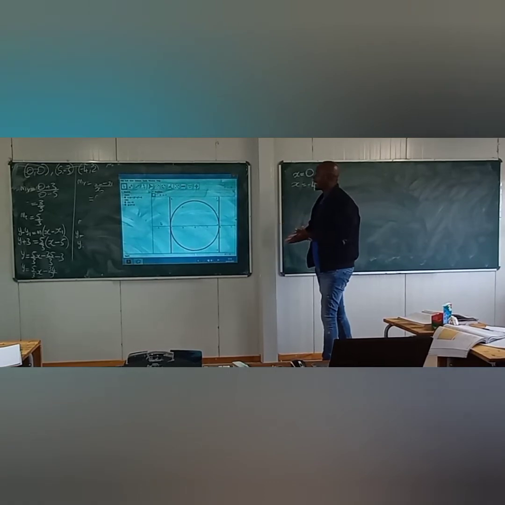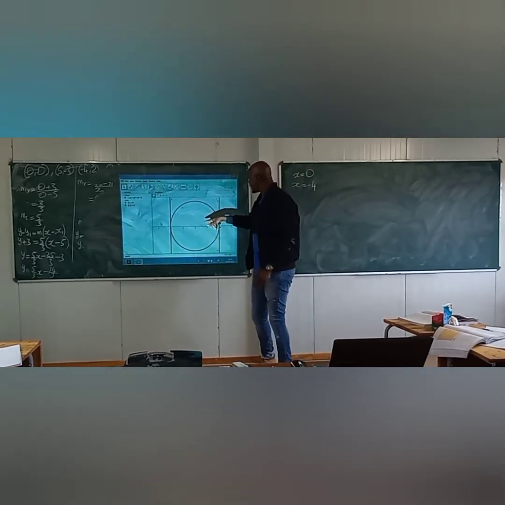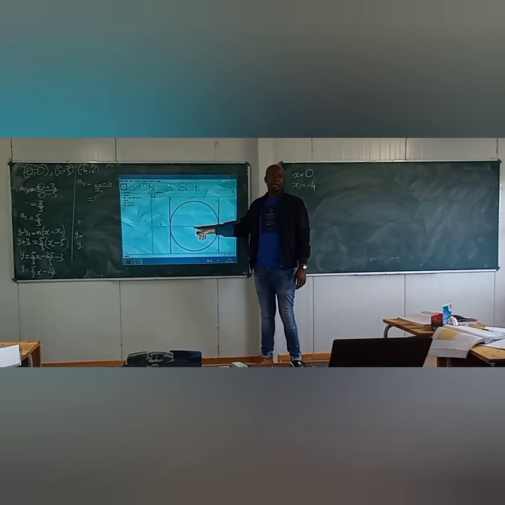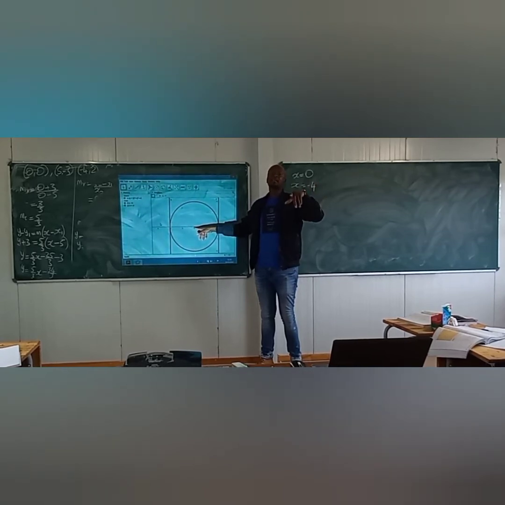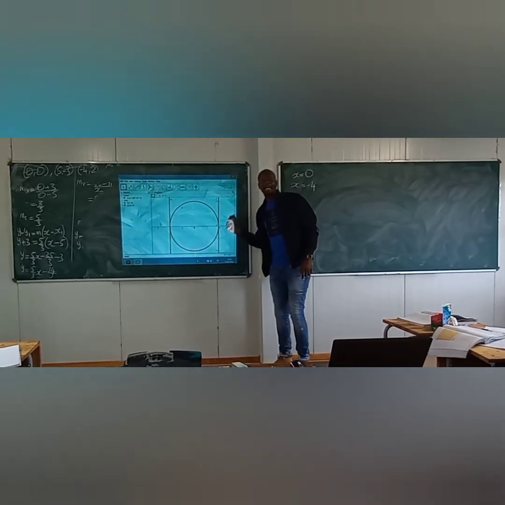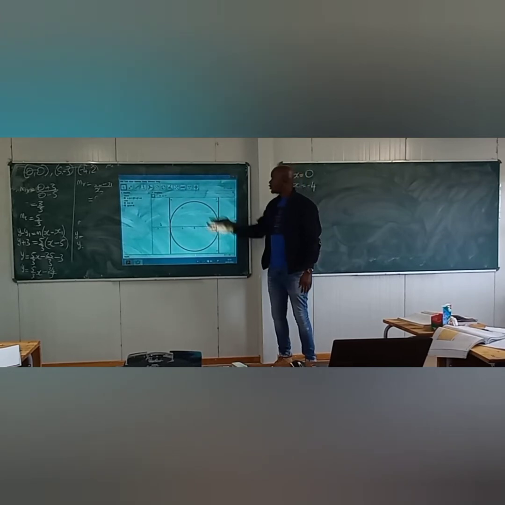So this is the conclusion. Again, the center is at the x-axis, or the center is the x-intercept. Then the tangent is at the point of contact at the x-axis. Again, lines generate horizontal lines.